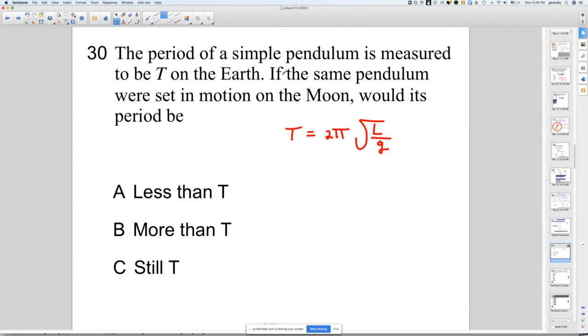So let's do a conceptual question first. If the same pendulum were set on the moon, what would be the difference in that equation? Same pendulum, same length. g is different. g on the moon is smaller than g on Earth. g on Earth we know is 9.8, g on the moon is 1.67.